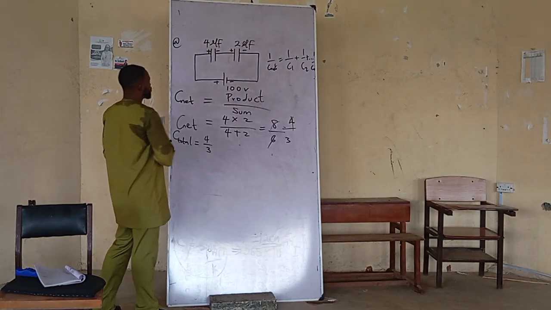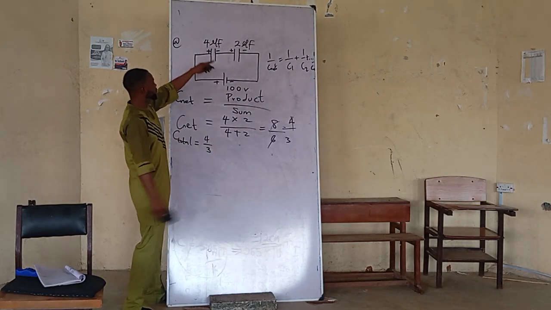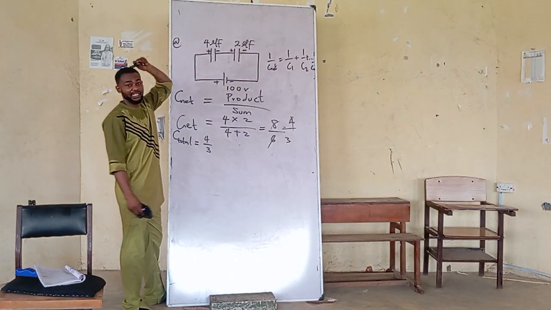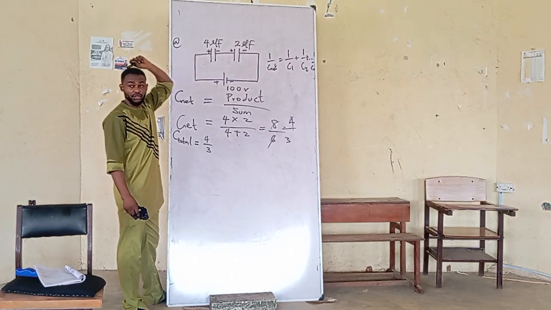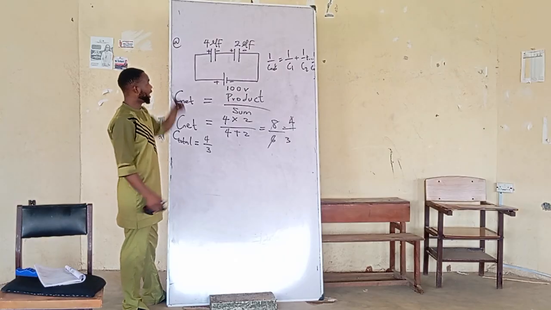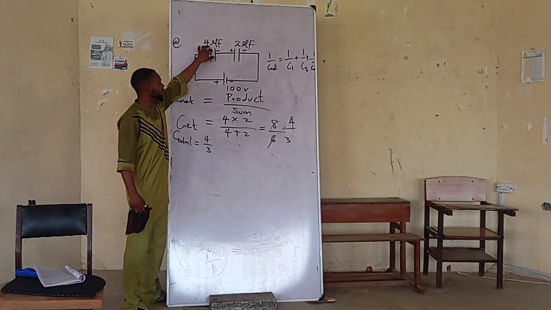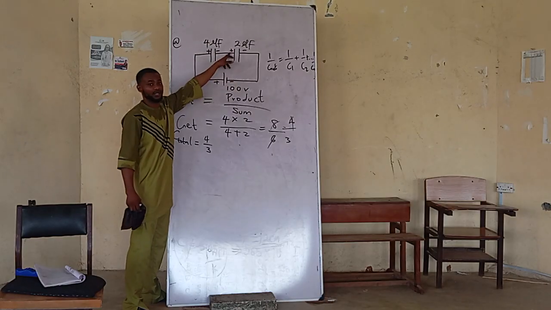So let's say I want to get the voltage here. Because in order for me to get the charge, I said that the charge is the same. In order for me to get the charge, I need to know out of this 100 volts, how many is here and how many is here?